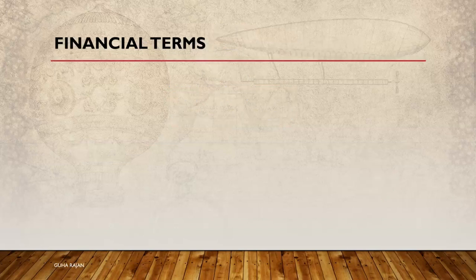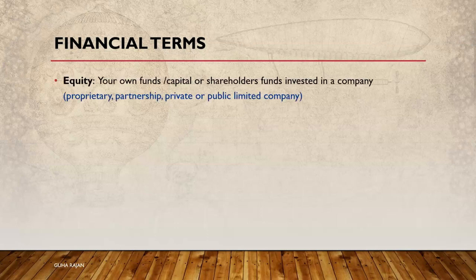The first one, as far as the financials is concerned, is equity. Equity, in the sense, assume you want to start a business. Then equity is your own funds. Whether it's a retail shop you want to open, generally a small shop, you invest your own funds.